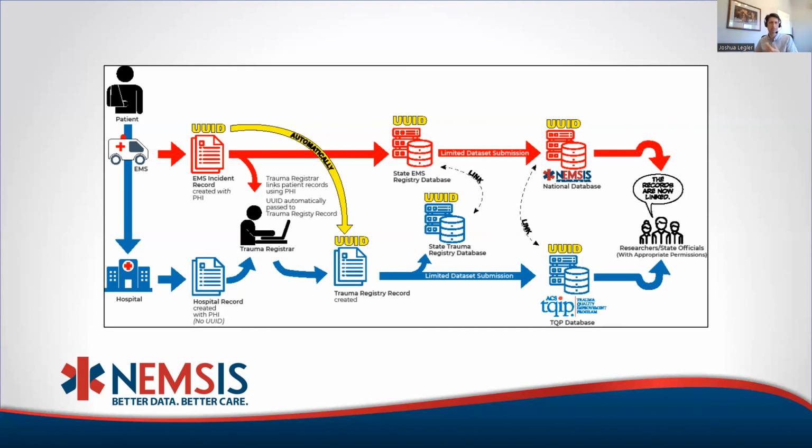There's someone who was connecting it in the first place. Once they've done that, then upstream, everything kind of works nicely. The UUID lives with both the patient care report and the trauma record. And so later on, even after de-identification is done, that patient care report and that trauma record could still be connected back to each other for doing outcomes research. So it's not magic.